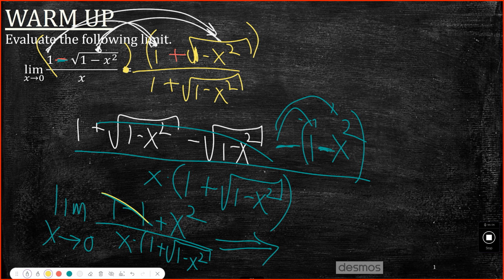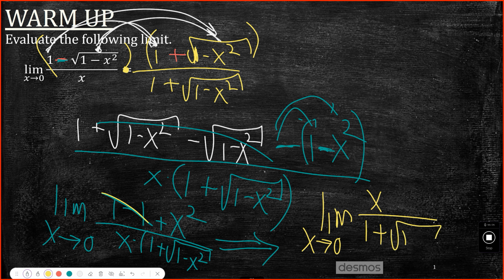Cancel out an x at the bottom with an x at the top. And then I can continue with the limit as x approaches 0 of x over 1 plus the square root of 1 minus x squared.